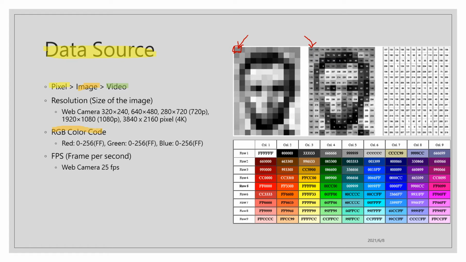We have different kinds of color code systems. If the color comes from a lighting source, for example your monitor or a projector, which produce light, then we use RGB encoding: red, green, and blue.